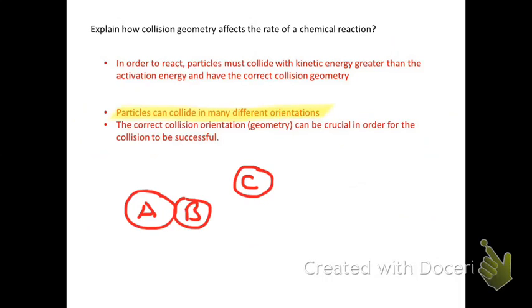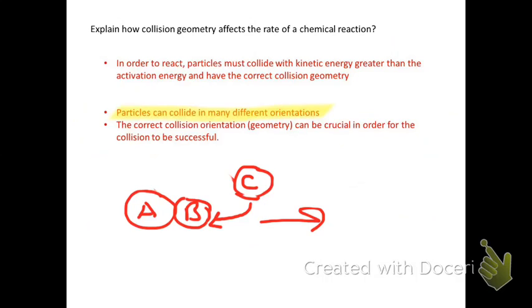There are many different places where C could collide with A and B. For instance, maybe C would collide with A. But what we find is that if C collides with A, no reaction will occur. So it's the wrong collision. But if C collides in the right place with B, maybe right here, then a reaction will occur.